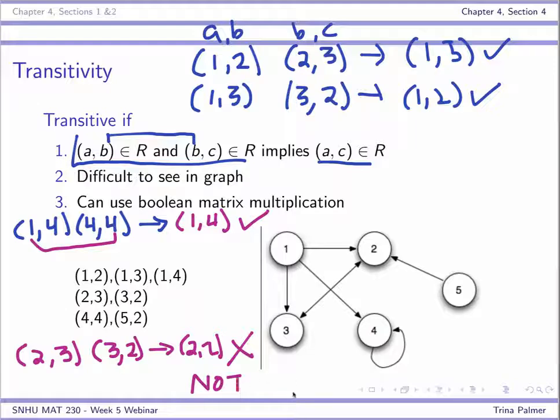Again, you just find one that does not work, it means it's not transitive. Let me just repeat this: the only way to show a property does hold is to go through all the possibilities and show that it works for all of them. Not transitive.